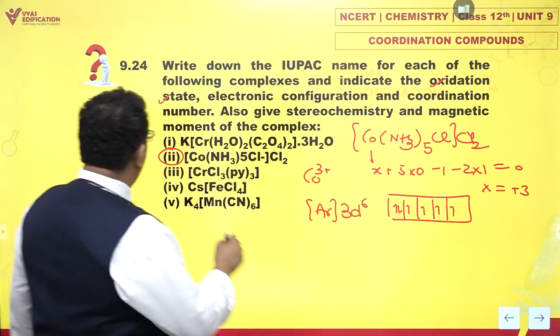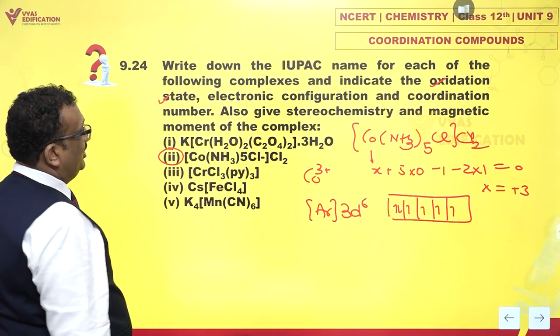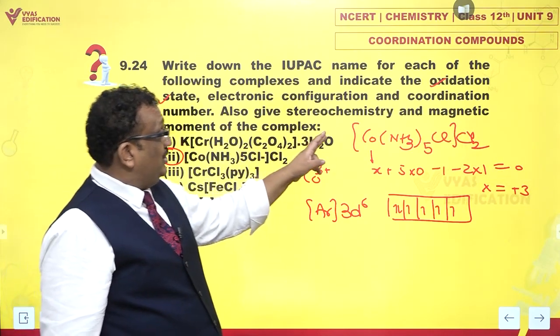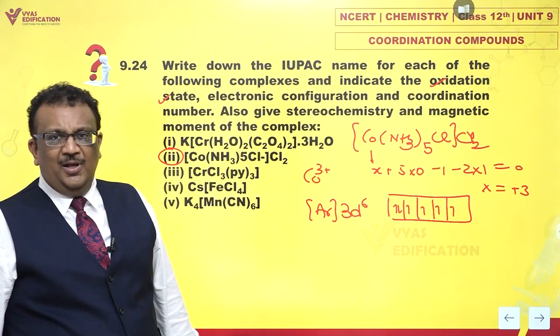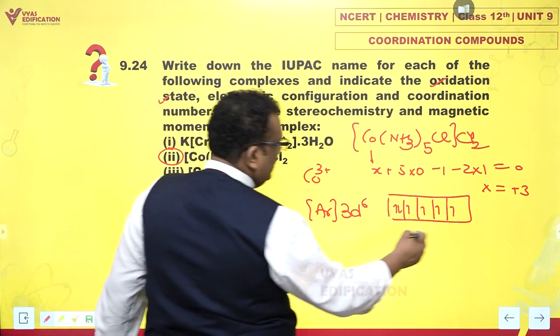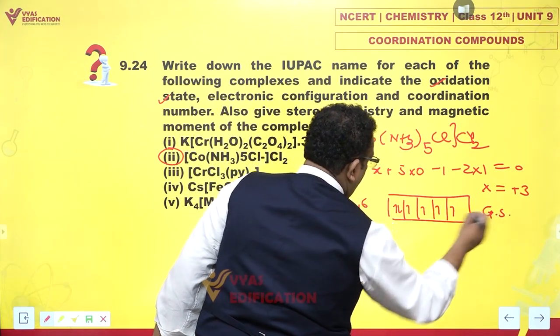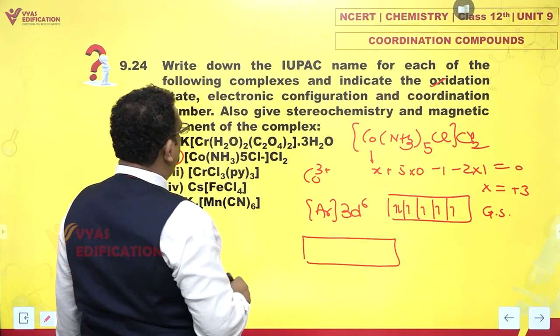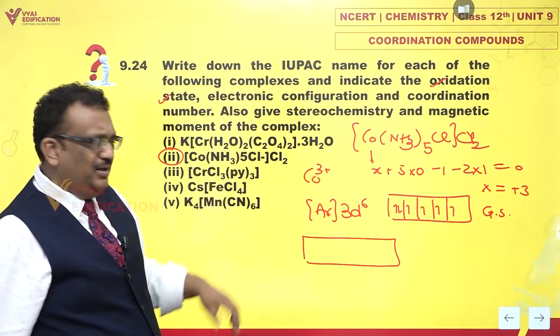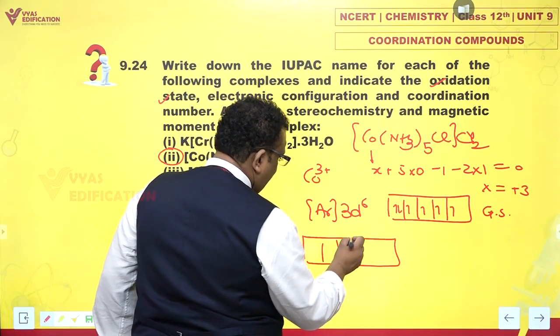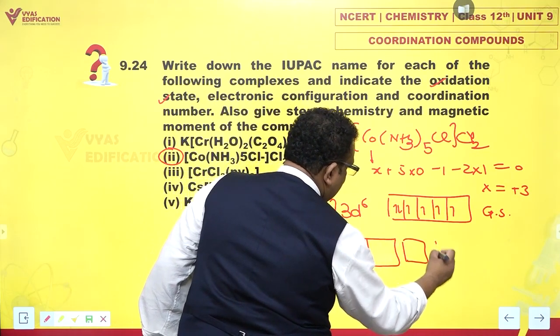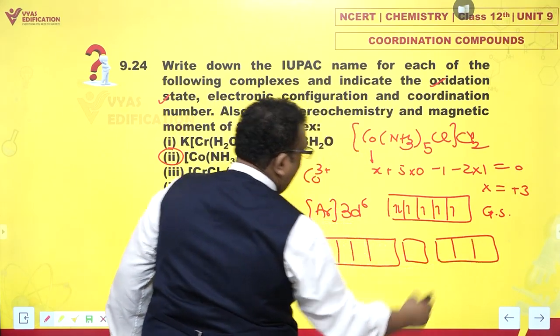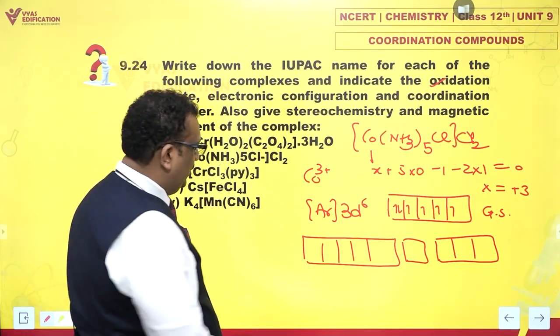So coordination number would be 6. Stereochemistry and magnetic moment. Let's calculate the magnetic moment. This is the ground state electronic configuration. And if we look at cobalt, ammine is a reasonably decent field strength ligand. That means, would it become a low spin or high spin complex? It should become a low spin complex.